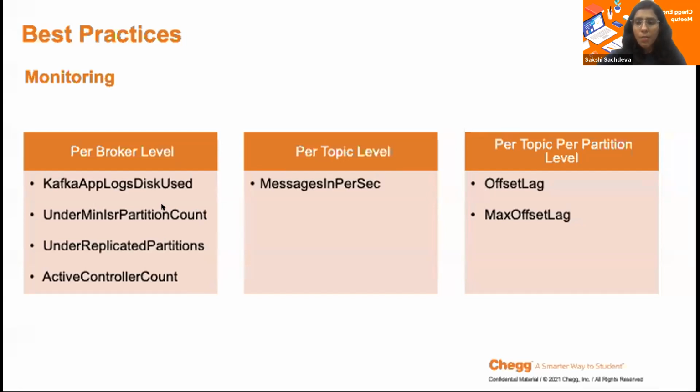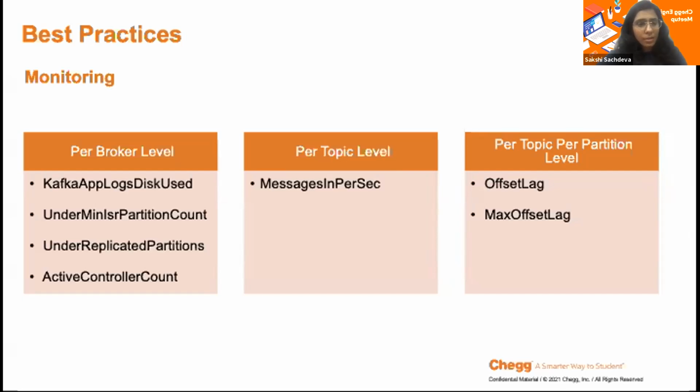We have 3 replicas for a partition, so we need at least 2 replicas to be in sync with each other at all times, and we have set the value to 2. Similarly, for under replicated partitions, this is again one of the important metrics which AWS also recommends. This should not be greater than 0.